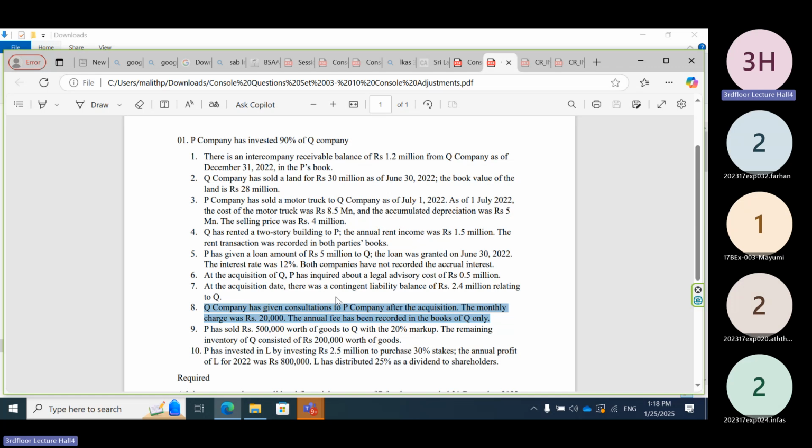Whatever the 20,000 things, they have sold it out. So we don't have any unrealized things. If we have unrealized profit, then again it's a kind of adjustment that will impact the P&L. Why? What do we have to do then?